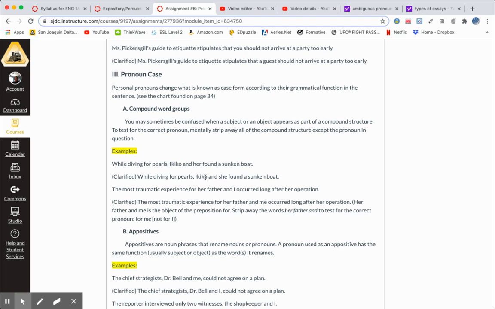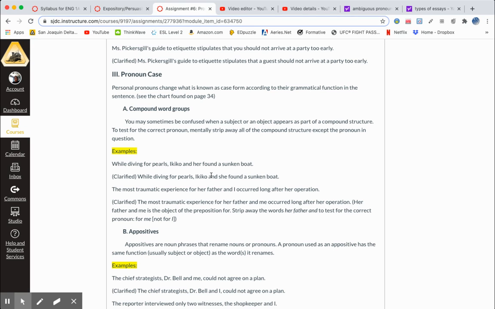So in this case, we would strip away "Akiko and." We would not say, "While diving for pearls, her found a sunken boat." We would say, "While diving for pearls, she found a sunken boat." So that's what I mean by strip away all the compound structure except the pronoun in question. The pronoun in question here, the one we don't know for sure which to use, is she or her. So take all of the rest of that compound structure away, and you should be able to tell.